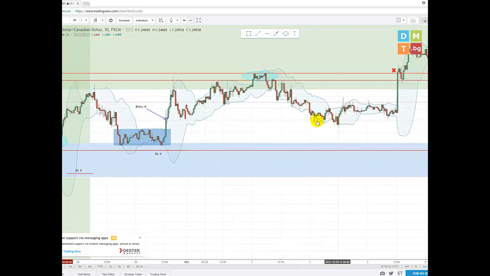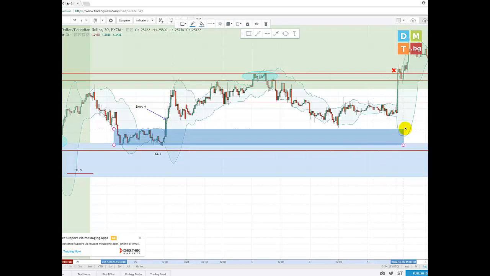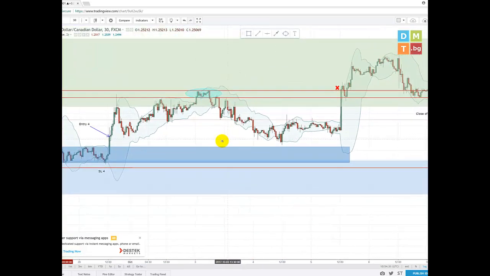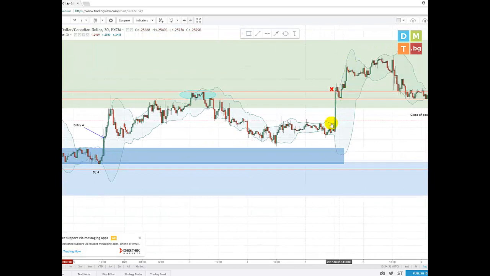After that, it moved again a little bit down, reaching almost to that square it formed here without going inside of it, and then made a huge movement up after again a small consolidation period.